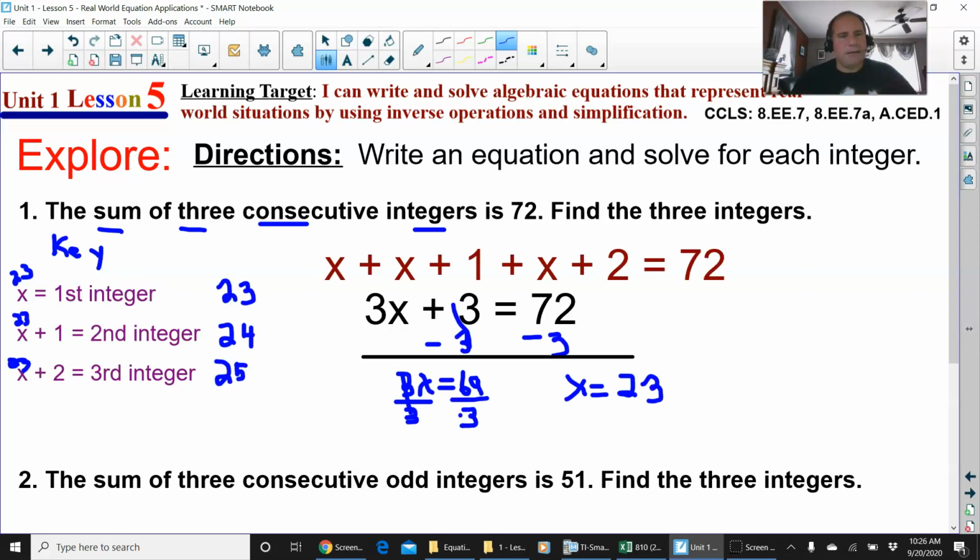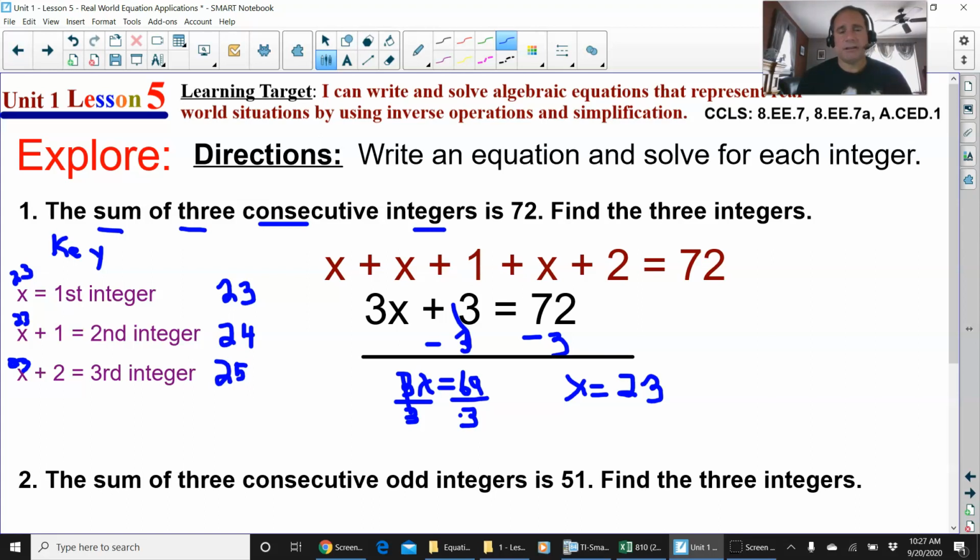All right, so I made the key. X equals the first integer, x plus 1 is the second integer, and x plus 2 is the third integer. So we have 3 consecutive integers set up, and a sum is equal to 72. So you put x plus x plus 1 plus x plus 2 equals 72.